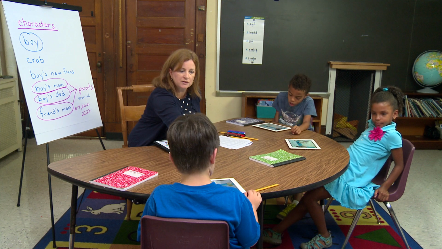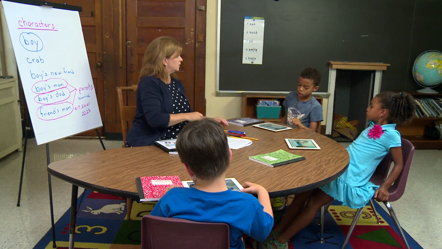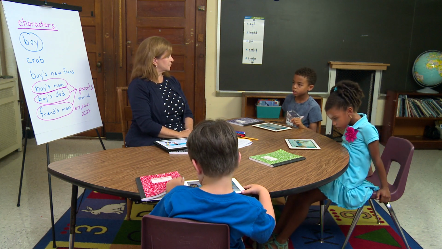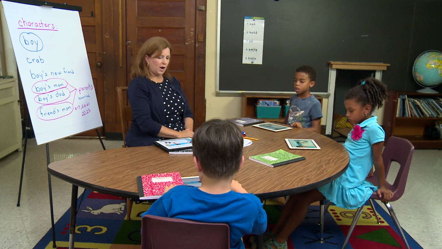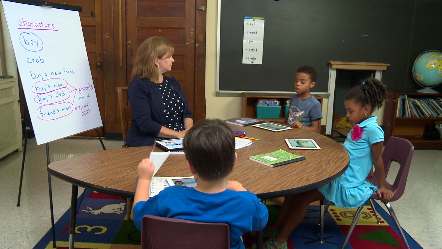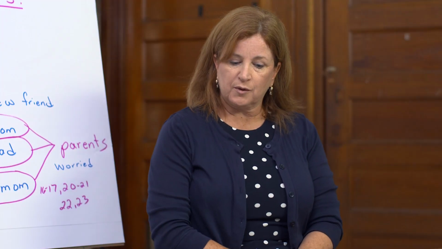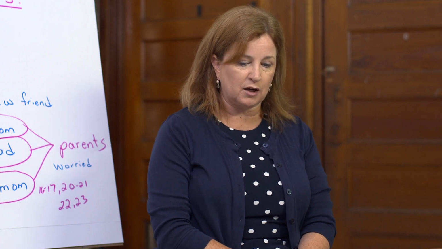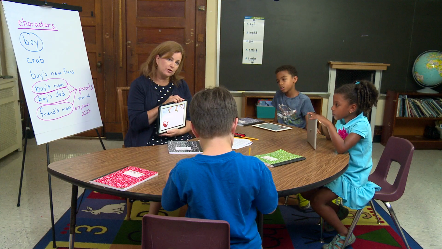Mom doesn't want her girl to be sunburned, so she's yelling to put some more sunblock on. And why is he waving goodbye? Because he's going to go back to his parents. Okay, so the mom is worried that her child is going to be sunburned and she wants to get some sunblock. Very good job.